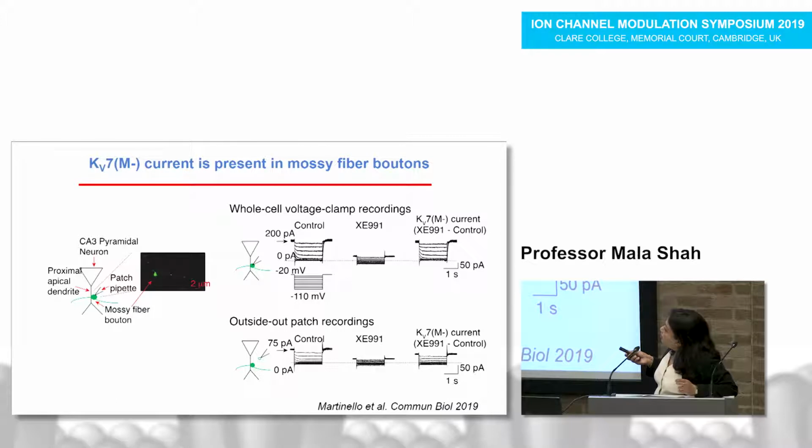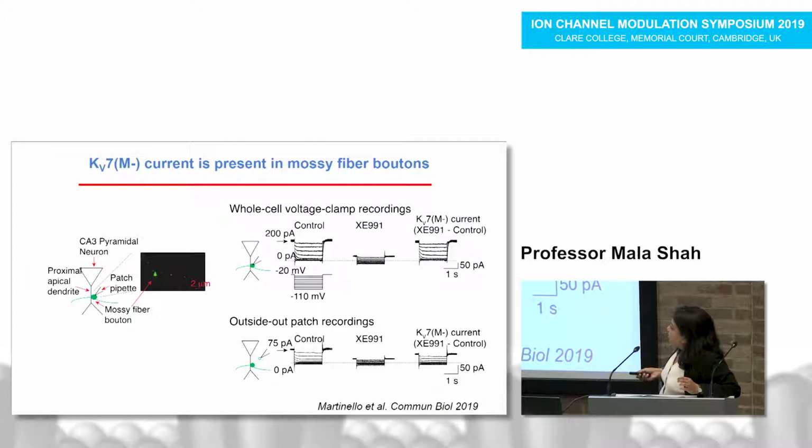One problem with doing whole-cell voltage clamp is that you could potentially be measuring current from the axon segments coming out of the bouton. So to understand whether the current was actually present in the boutons per se, we also did outside-out patch recordings.